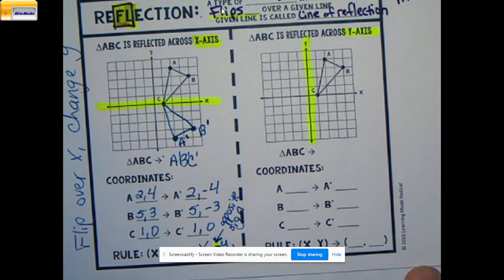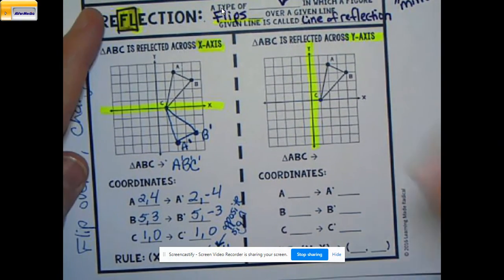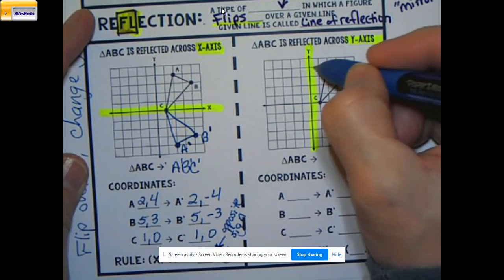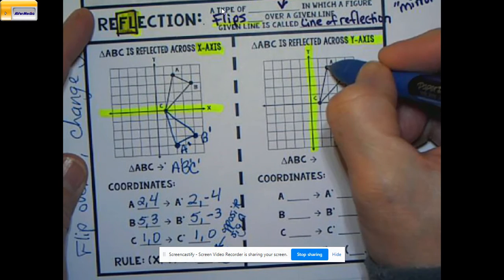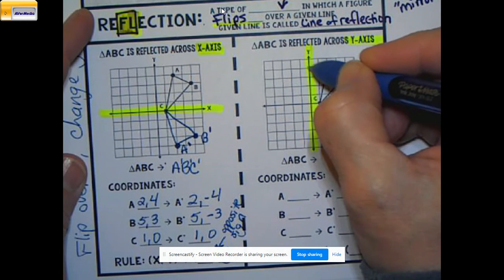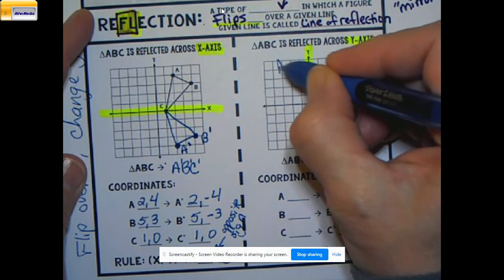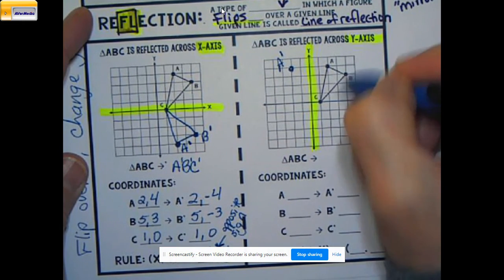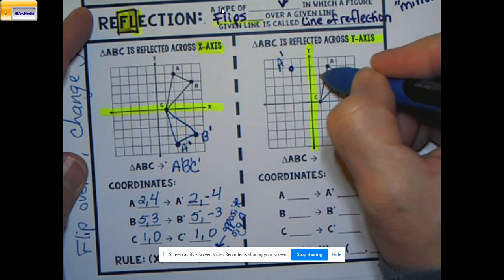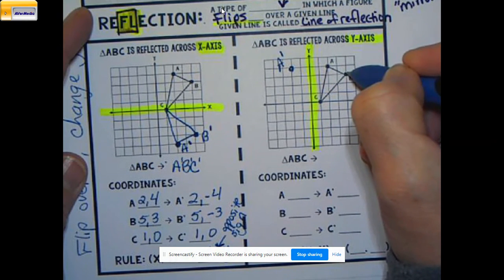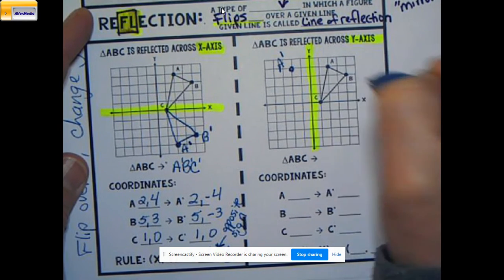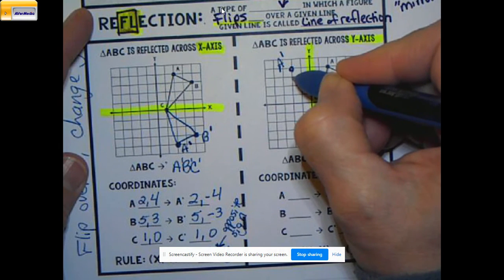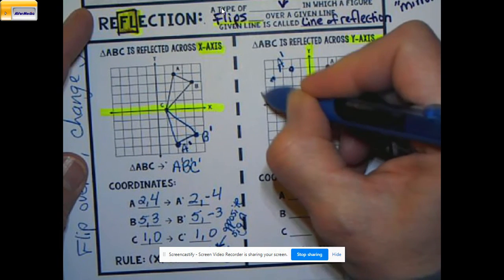Same thing, so it's equal distance away from that line. Point A is 2 to the right of the y-axis, so it will be 2 to the left. Mark your A prime. Point B is 4 to the right, so it will be 4 to the left.